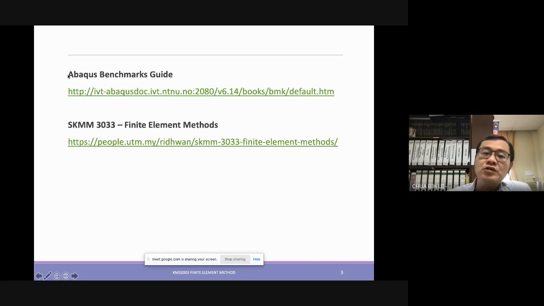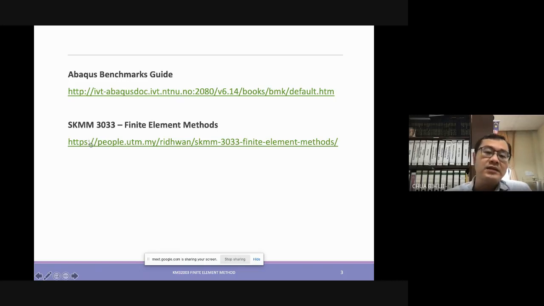Most of the finite element software, especially the established ones, have a benchmark guide. They do some type of benchmarking with experiments, or maybe some research, to check whether the software calculation is efficient and accurate or not. We call it benchmarking. So there are some benchmarking guides to show you.